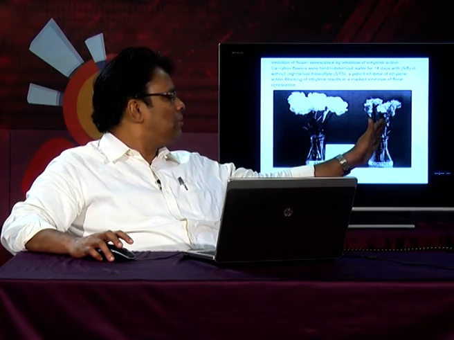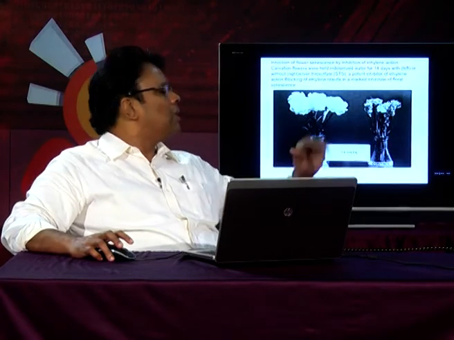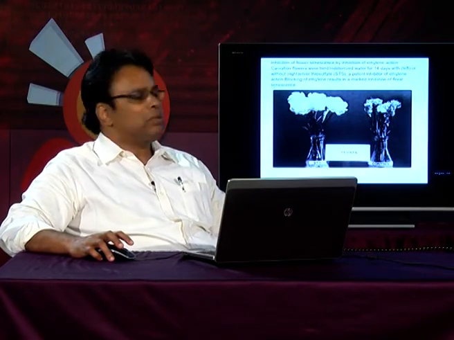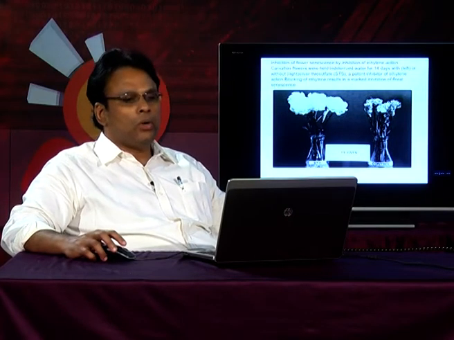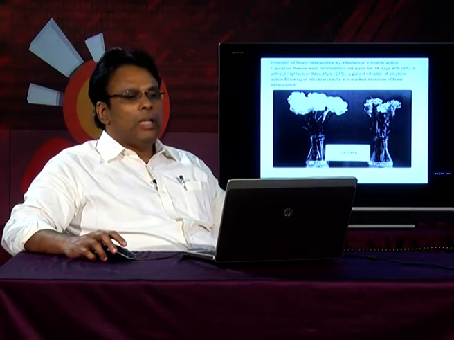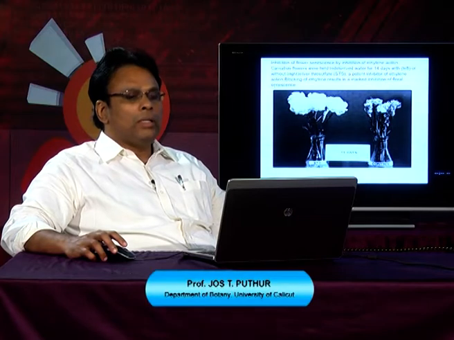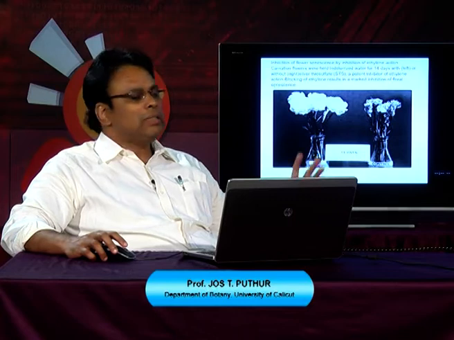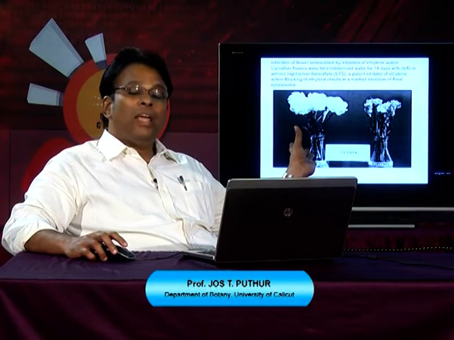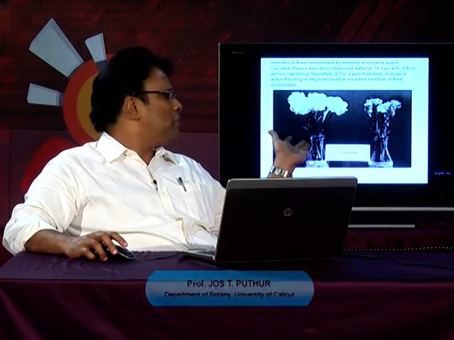So when ethylene production takes place, flower degradation takes place. But here the flowers are very much alive because ethylene production has not occurred, due to the inhibitor of ethylene production, silver thiosulfate. As a result, the vase life of the flower is increased. This has very important commercial application.